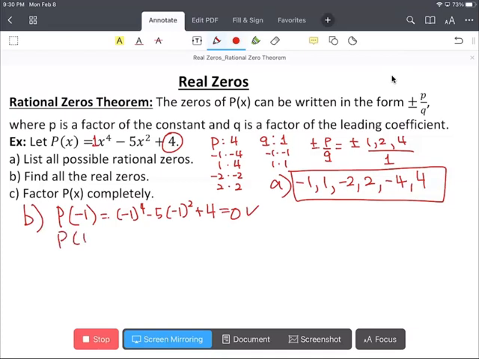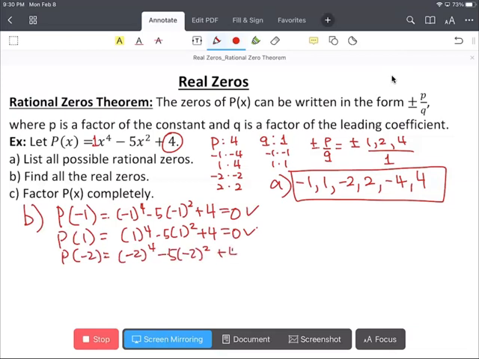And p of 1 equals 1 to the 4th minus 5 times 1 squared plus 4, which also equals 0. p of -2 equals (-2) to the 4th minus 5 times (-2) squared plus 4 equals 0.